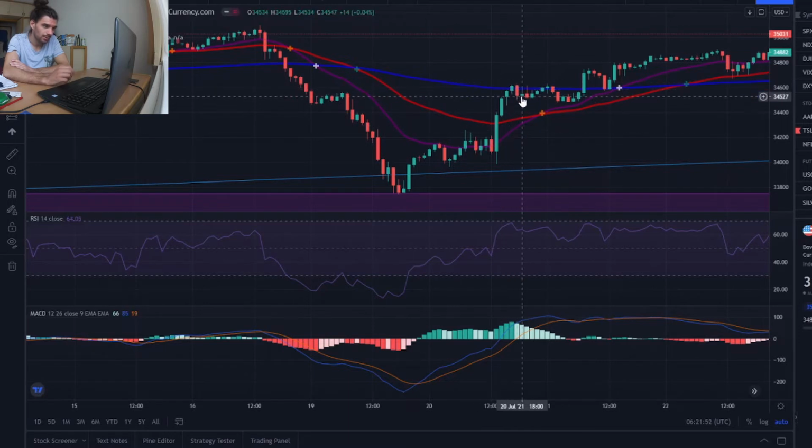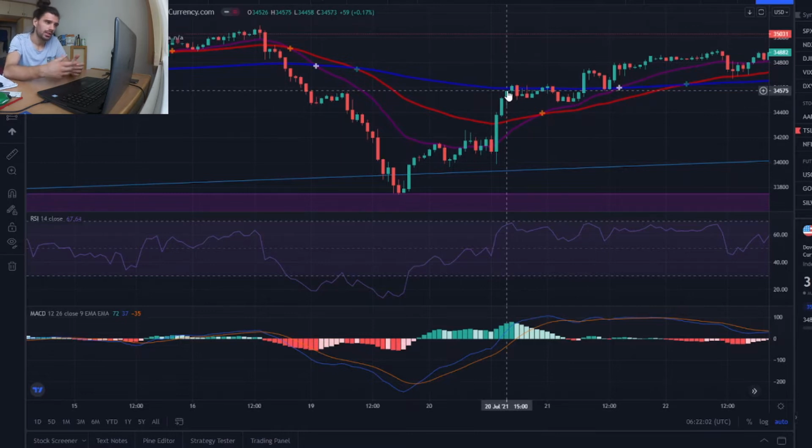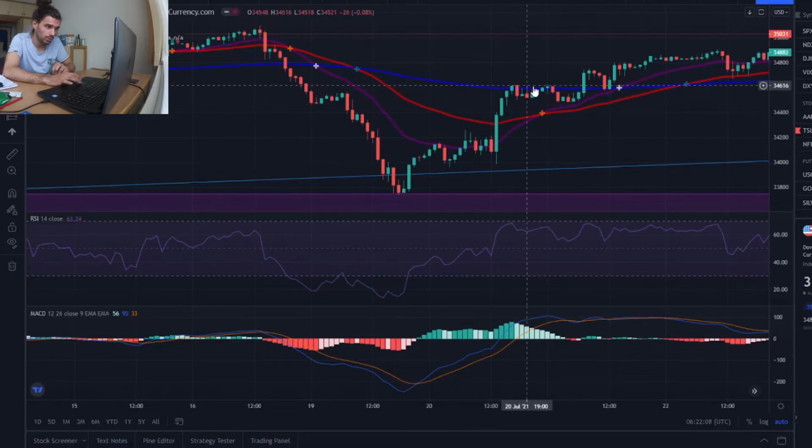So it is not a bearish movement, but we are below the 200 EMA, which typically indicates bearish momentum. But here the possibility is that we might change to the upside, which is exactly what happened.